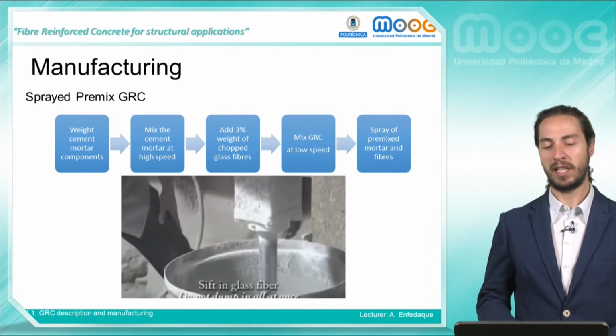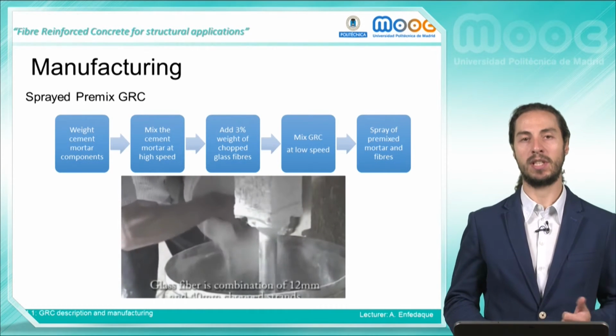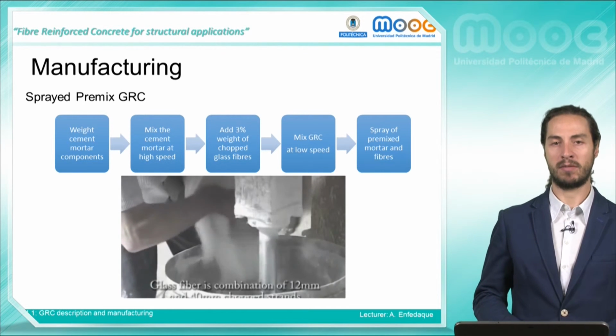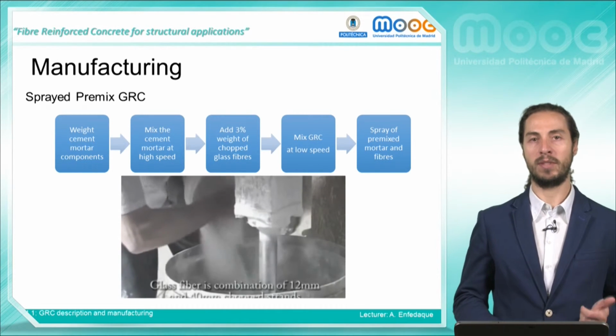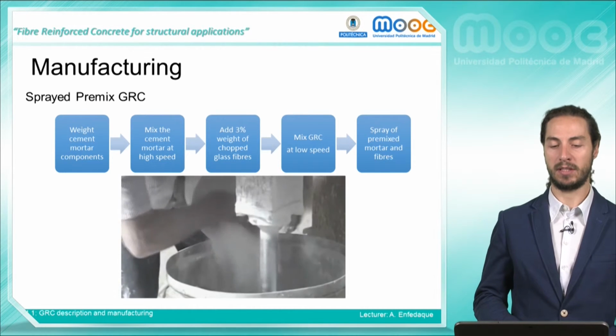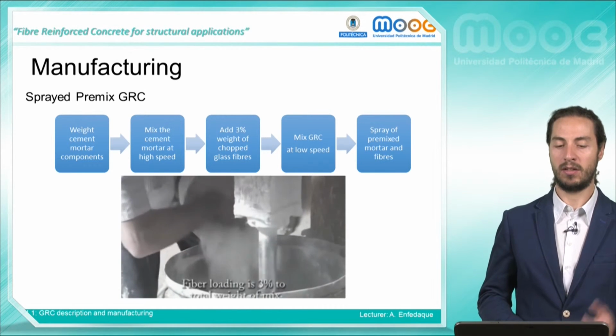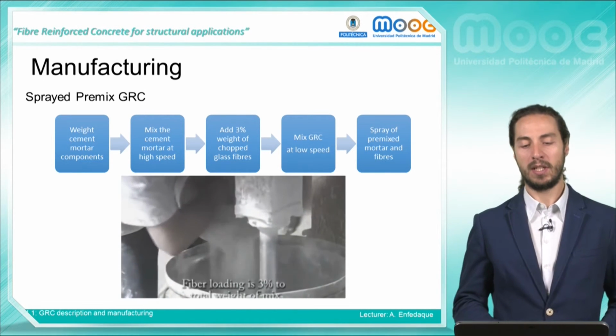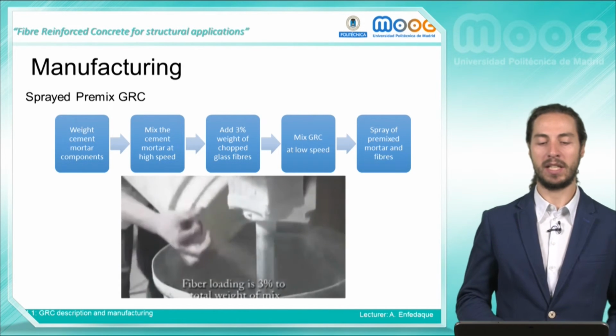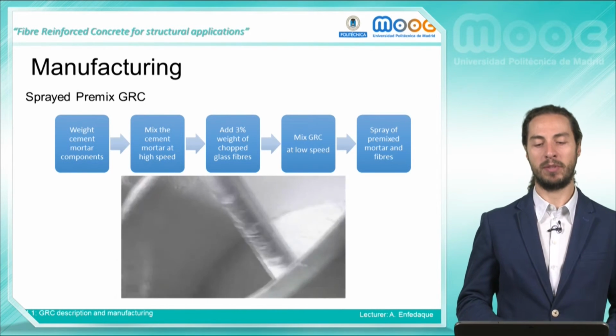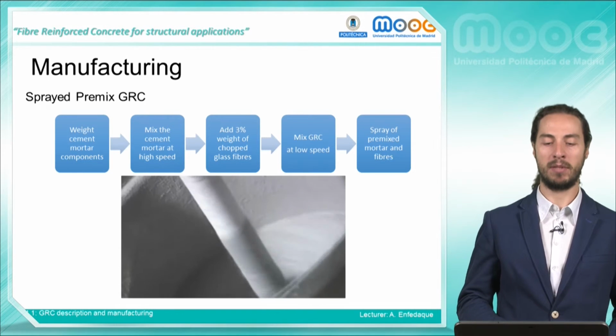It has to be reminded that in this type of GRC, two lengths of glass fibers are added, being 12 millimeters and 40 millimeters long. Once all the fibers have been poured, a thorough mix of all the components has to be performed until the desired workability is reached.